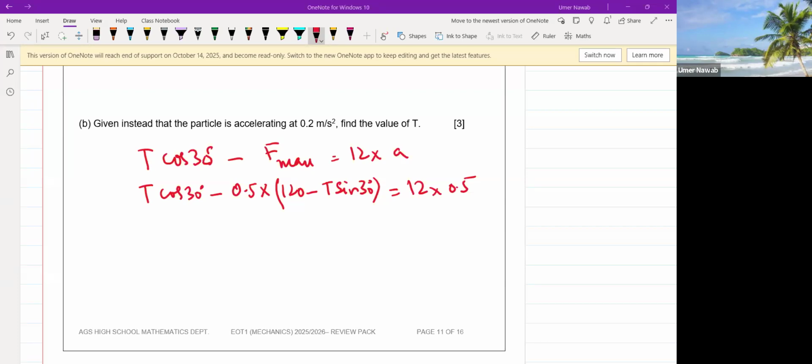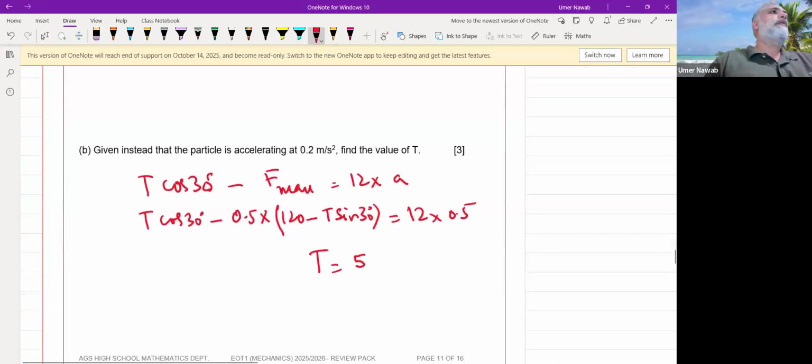Shift solve, and that gives us the answer 59.1. We got it. You can recheck your answer. I wrote here the value of the acceleration as 0.5. Is it 0.5?